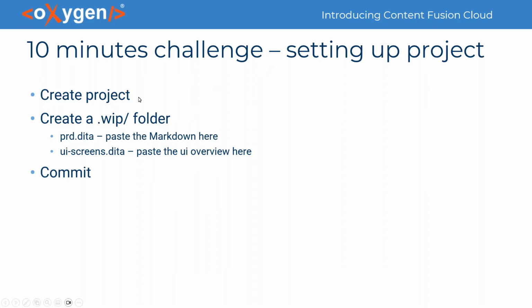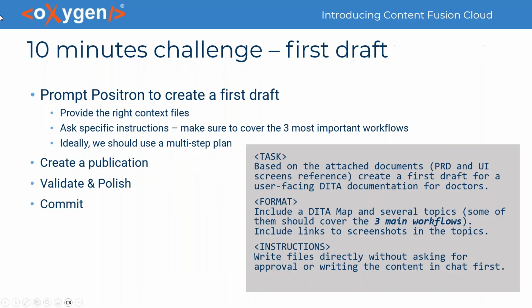So first of all, I need to set up the project and add the input in a folder inside the project, so that Positron can work with these files. Then I will instruct Positron to create a first draft by providing the files that I talked about earlier as context, and then give some specific instructions, like make sure to cover the 3 most important workflows.